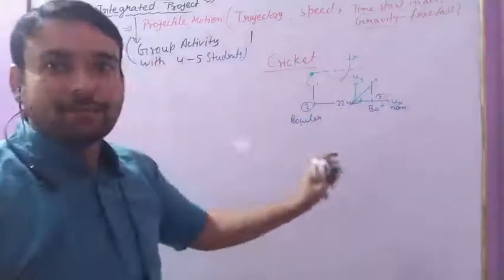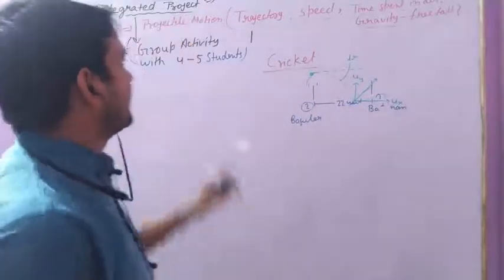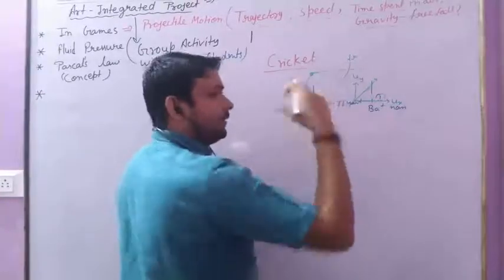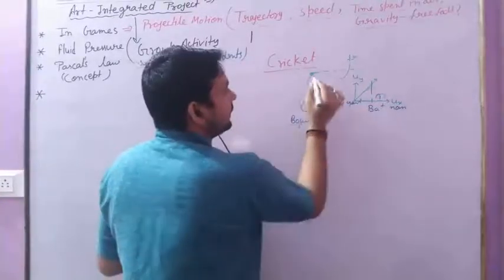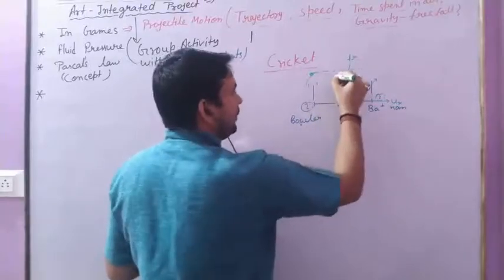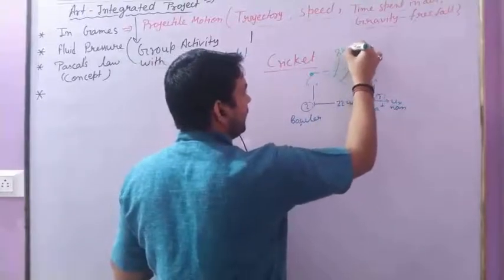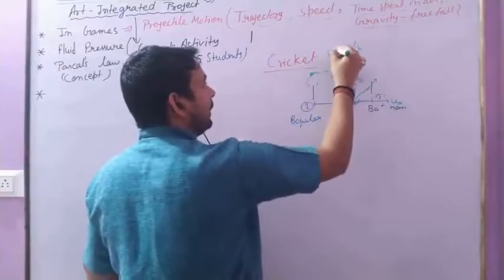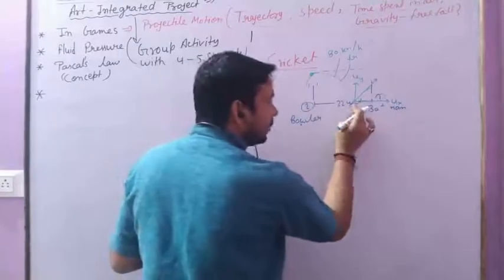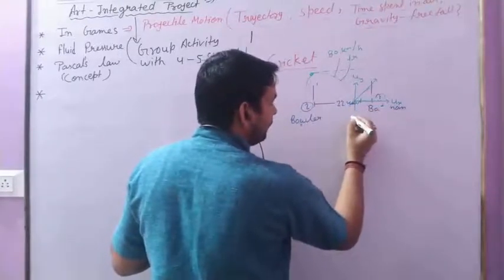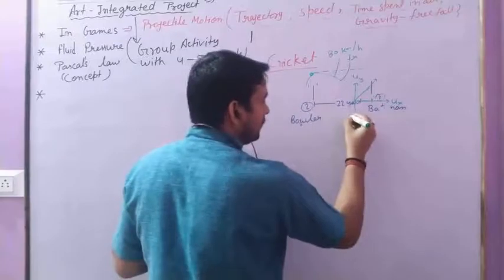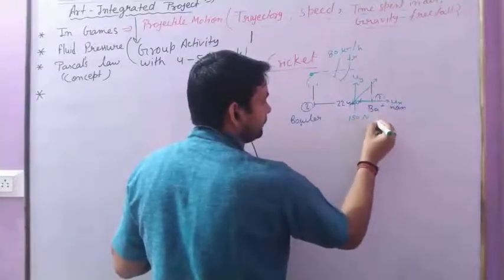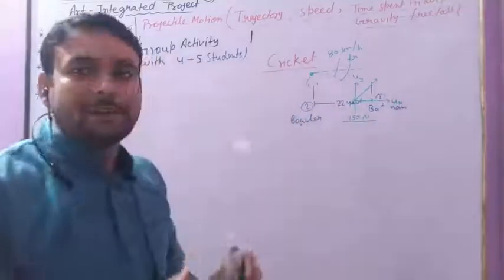Then you apply your concept of projectile motion, and you can explain that the ball is delivered by a bowler with a speed of 80 kilometers per hour, and hits the ground applying a force of 150 Newton, for example.